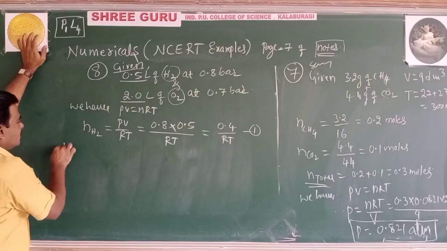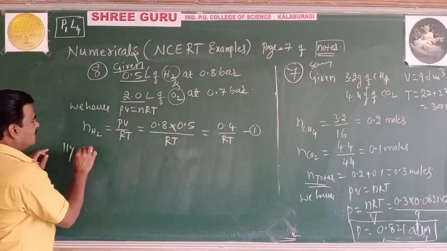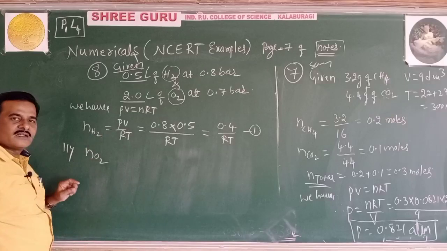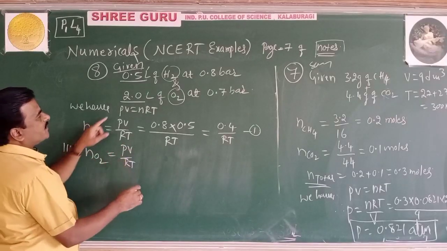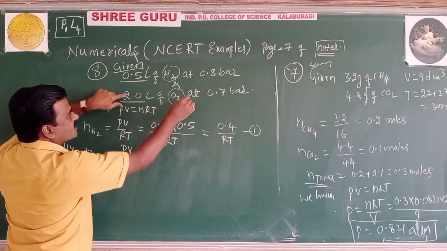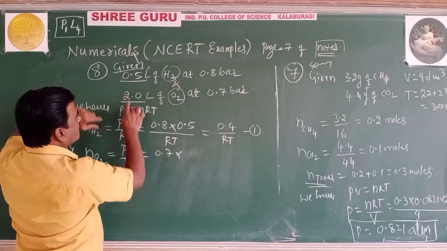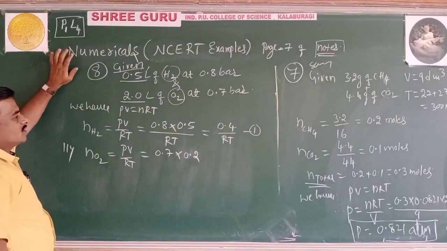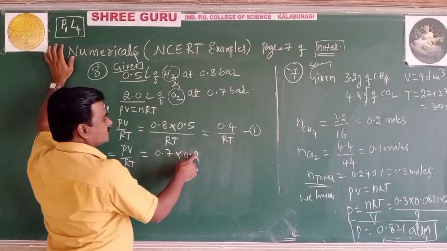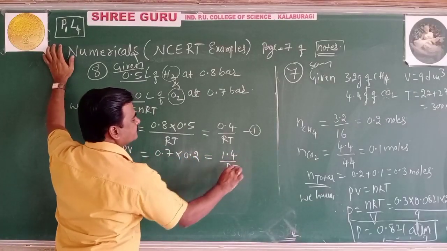Similarly, calculate the number of moles of dioxygen, which is PV by RT. What is the pressure of the gas? This is 0.7 into 2, which is 1.4 by RT.